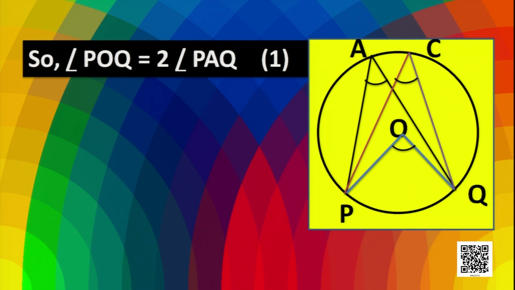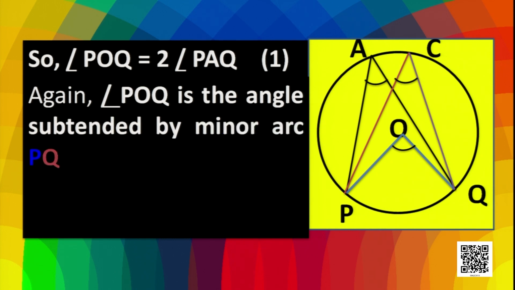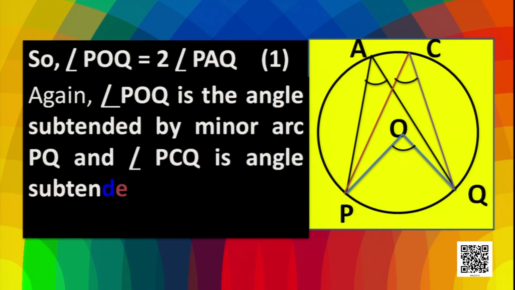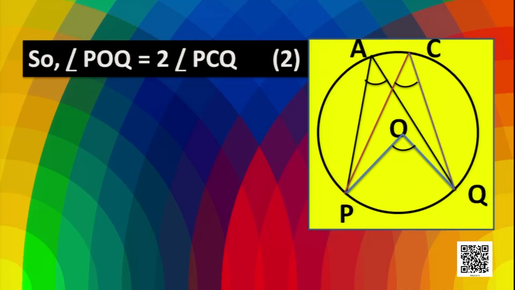Let's have the same situation for the angle PCQ. So we can say that POQ is the angle subtended by the minor arc PQ and PCQ is the angle subtended in the rest part of the circle. So we have the same condition that POQ is equal to twice the angle PCQ. Let it be equation 2.